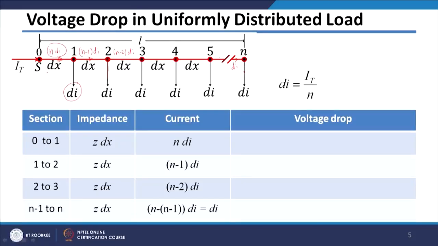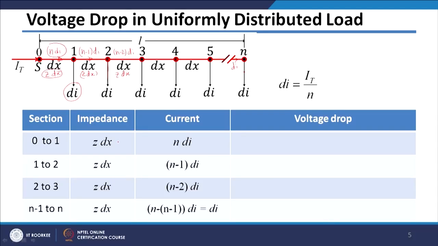And the impedance of each section will be just Z per unit impedance multiplied by the distance of this section. So, the impedance of this section will be Z multiplied by dx. Similarly, for all the sections it will be Z multiplied by dx.